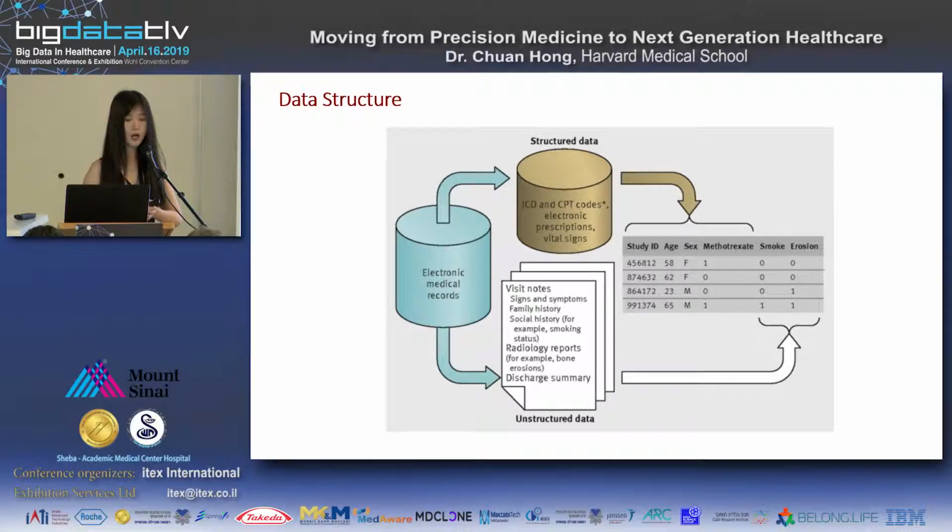Structured data are mainly the data input in discrete input fields, for example, ICD codes, lab results, and medication. The unstructured data are from the medical notes and usually in free text. After some natural language processing, we can get a structured format of the unstructured data. Like in this table, the smoking status is extracted from the unstructured data.